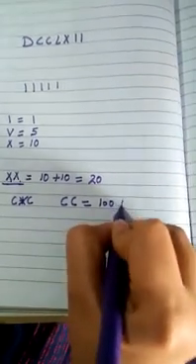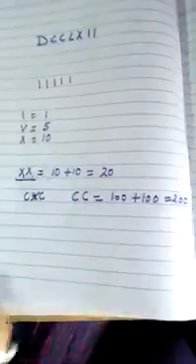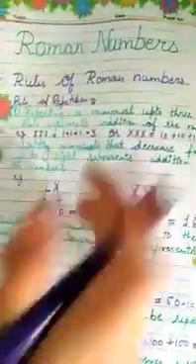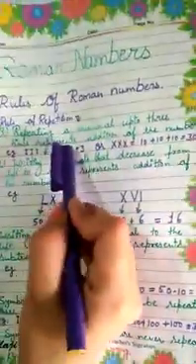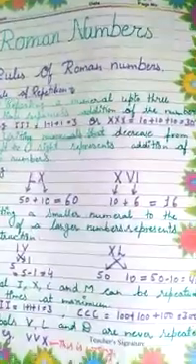What is the value of C? 100. 100 plus 100 is equal to 200. So, the first rule is repeating a numeral up to 3 times represents addition of the numbers. Clear? So, this is rule 1.